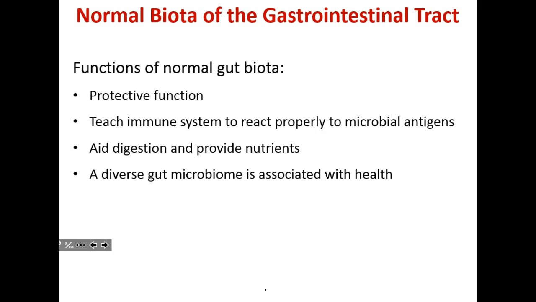Functions of normal gut biota: they serve a protective function. They teach the immune system to react properly to microbial antigens. What's an antigen?